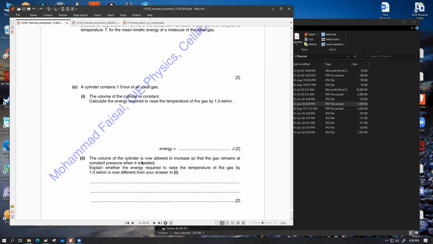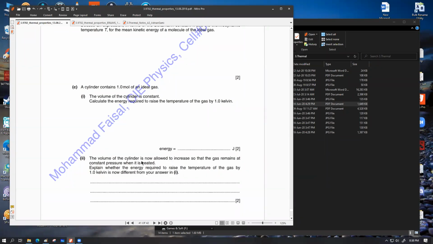That work has to be also fed in from your heat source. So if you allow the volume to increase, part of your input energy, Q, will be used to increase the temperature. Another part will be by default used to do some work on the atmospheric particles. So obviously you're going to require a much bigger amount of heat energy to reach that same temperature increase.